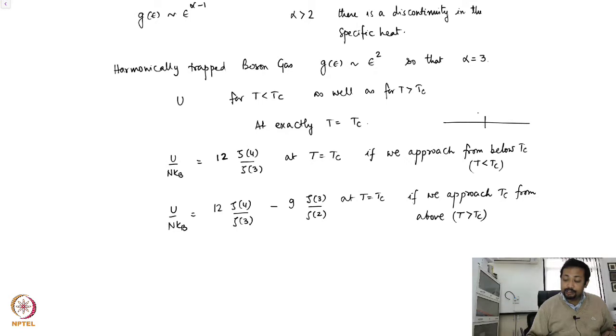So you have the critical temperature over here, and you can approach the critical temperature from temperatures below Tc as well as from above, and you see that there is a, oops, this is not going to be U, this is going to be the specific heat if I recall.